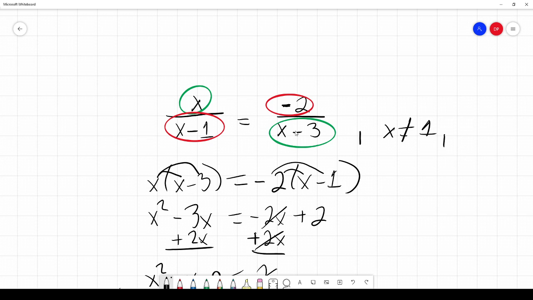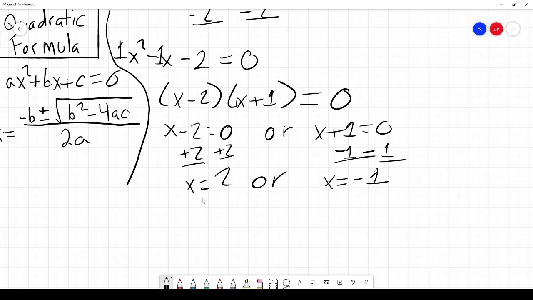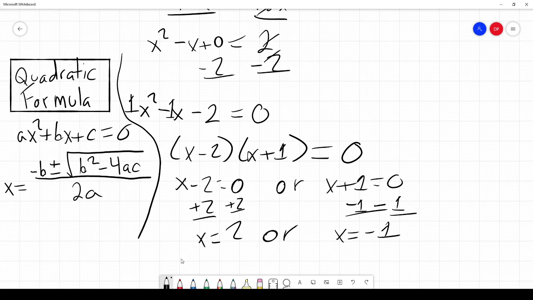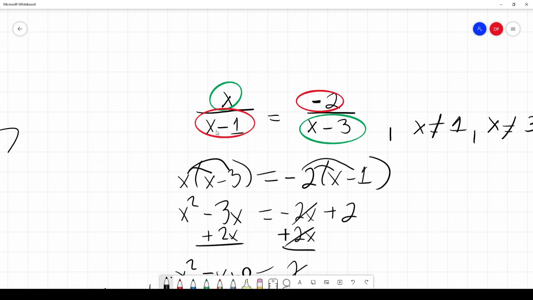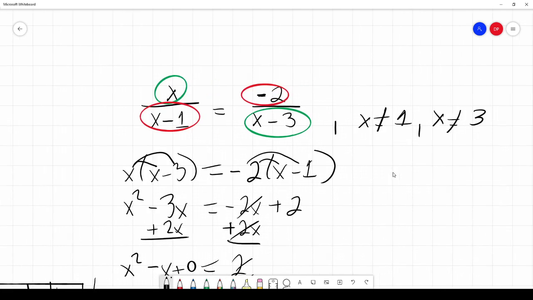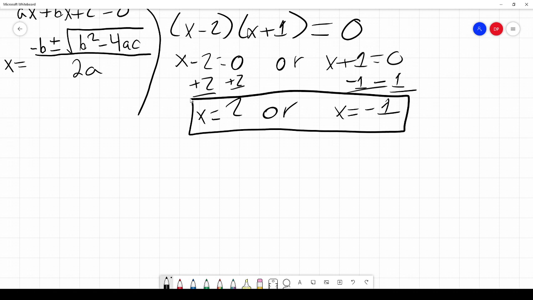On the right side, if x was 3, that would create a division by 0, so x cannot be 3. So we have to check 1 and 3. Well, we have 2 and -1, and I believe both should be okay, because neither is going to create a division by 0. So, assuming I did not make any mistakes, this should be our final answer.